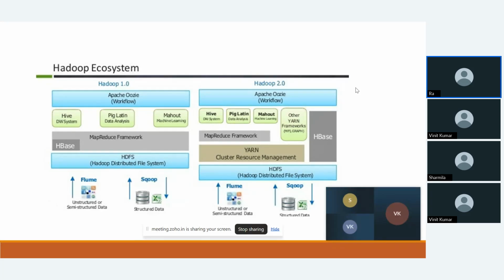In Hadoop 1.0, MapReduce was doing all the tasks, even the resource management. Sometimes it has to do three tasks. One is doing the processing, and then it also has to do the resource management.